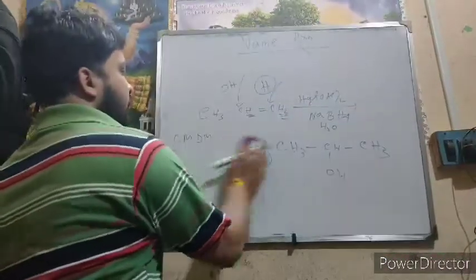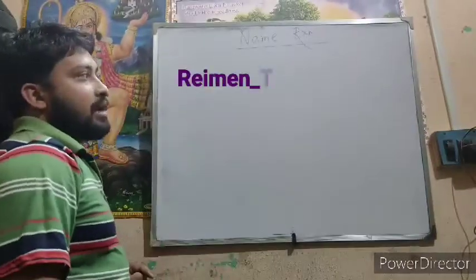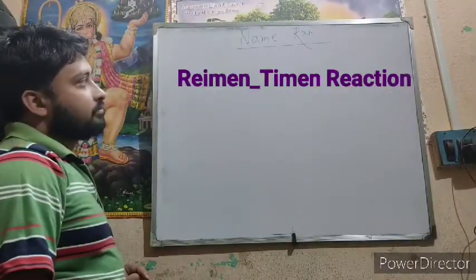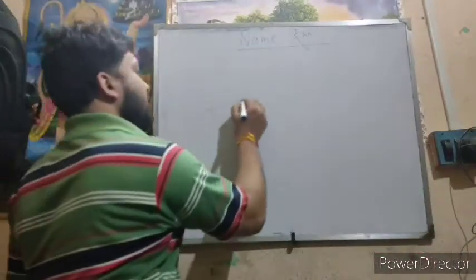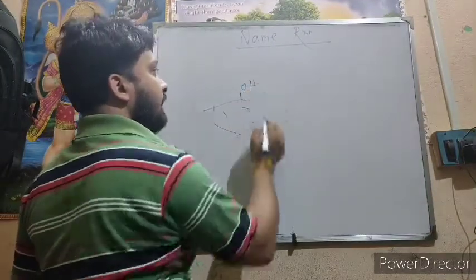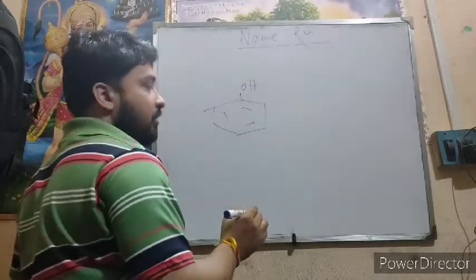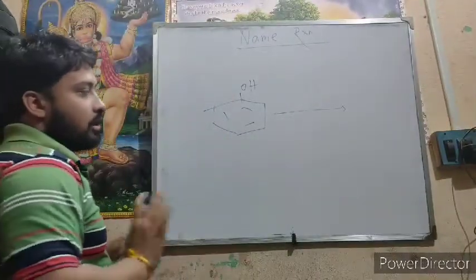Now the reaction is rearrangement reaction. For rearrangement you can use this phenol. I take a speed, because it was already given in my previous video, so I take a speed.